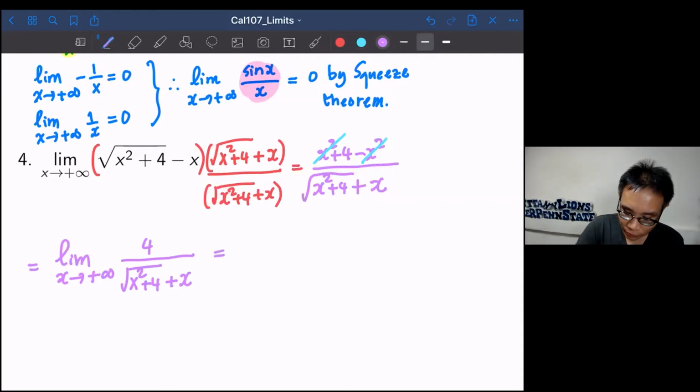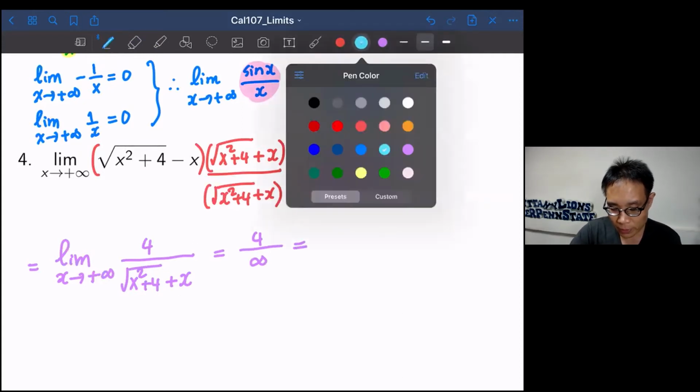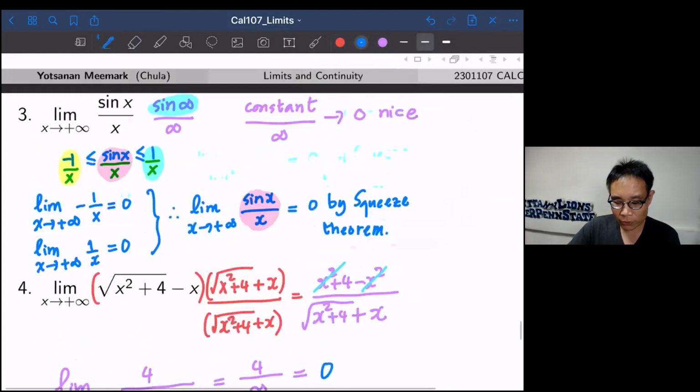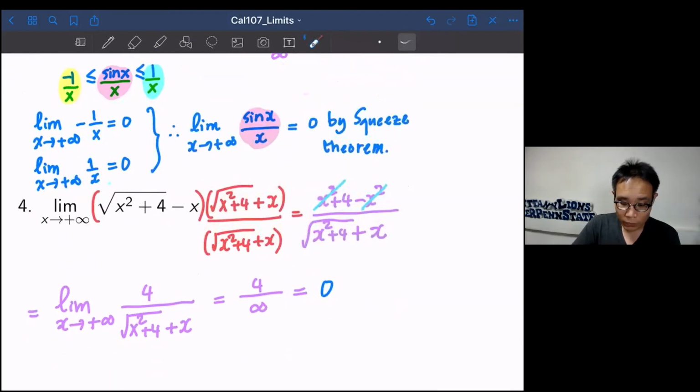So this will be 4 over infinity. And 4 over infinity turns out to be equal to 0. Why is 4 over infinity 0? Because it is a constant over infinity. And how do we get the infinity on the bottom? It comes from here.